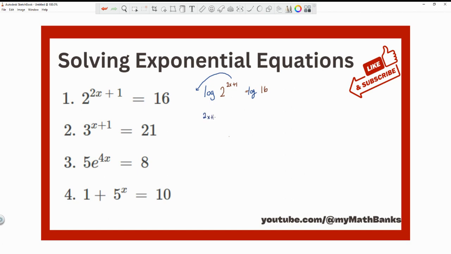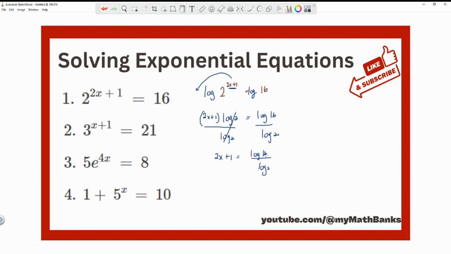So (2x plus 1), log 2, equals log 16. Now, if I want to solve for x, I'm going to divide both sides by log 2. This one will cancel out. So 2x plus 1 equals log 16 over log 2.